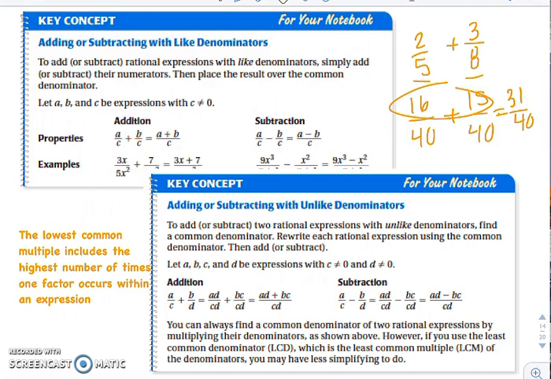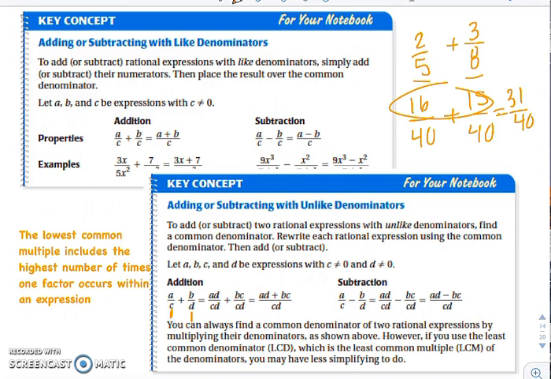But if they are not alike, like in the second box, we have A over C plus B over D. So our denominators are C and D. So what happens here is the first fraction has a denominator of C, the second one has a denominator of D. The common denominator for both of them would have to include them both.